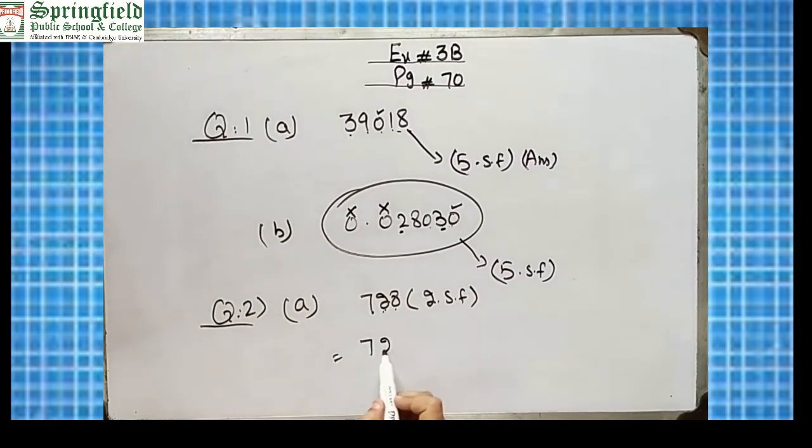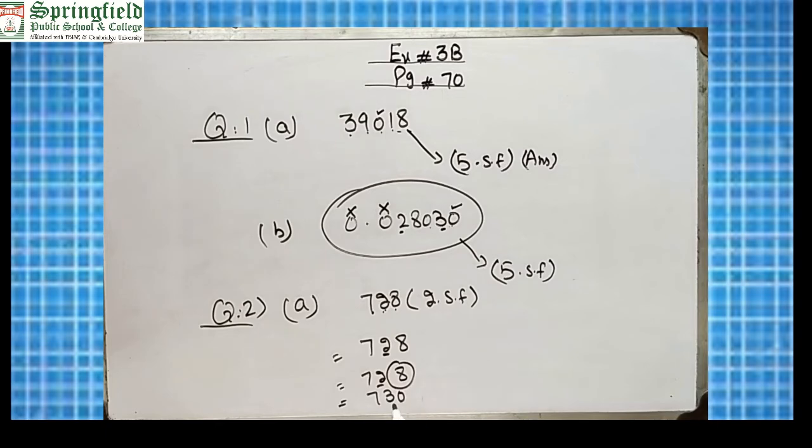So 7, 2, highlight it, underline this one, and then in the next step, circle the next digit. And the next digit is greater than 5. It means we will add 1 to 2. It will become 7, 3 and 0. Fine.